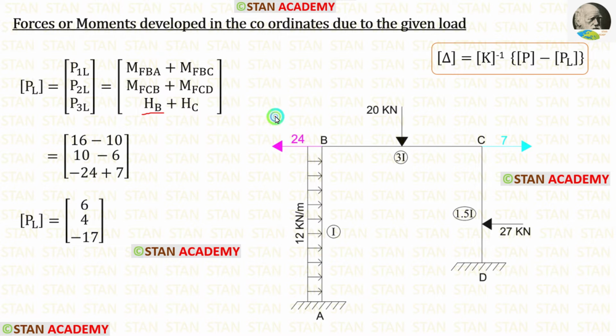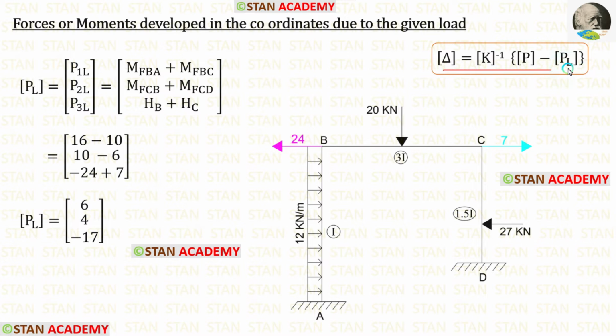We kept our coordinate towards the right side, but this reaction is acting towards the left side. So we have to apply this value as negative. HC is acting towards the right side. So this reaction is acting in the coordinate direction. So it will be positive. Let us add these two values. After adding, we are getting minus 17.